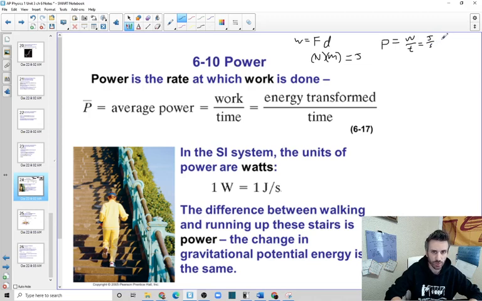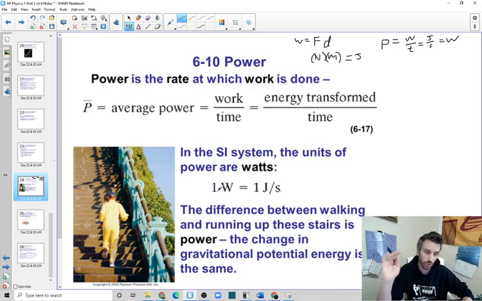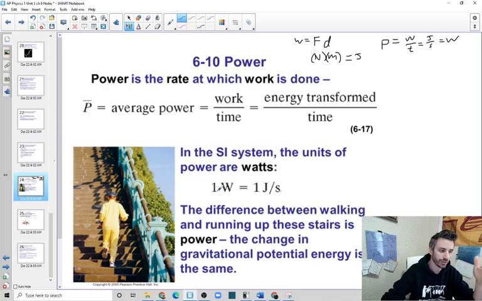So what's the unit for power? Watt? Yeah, right, exactly. Watt's the unit for power, and that's the same thing as joules per second. So 1 watt is the same thing as 1 joule of energy being used up every second that goes by.